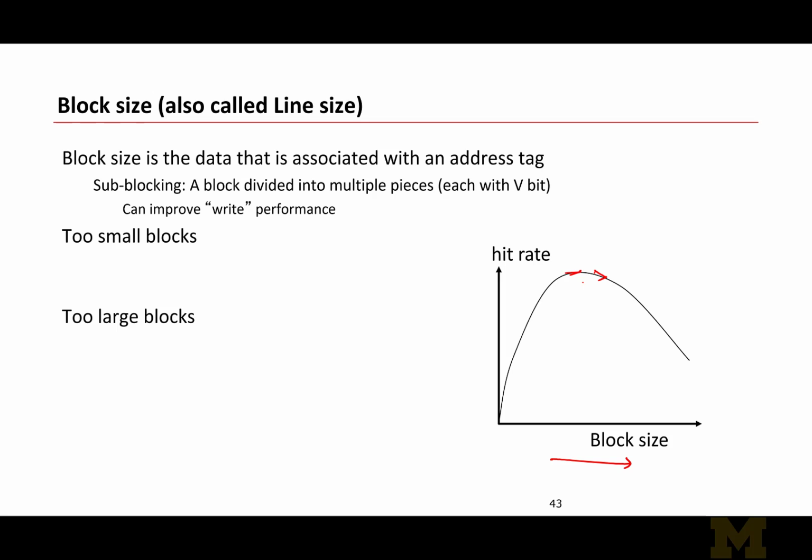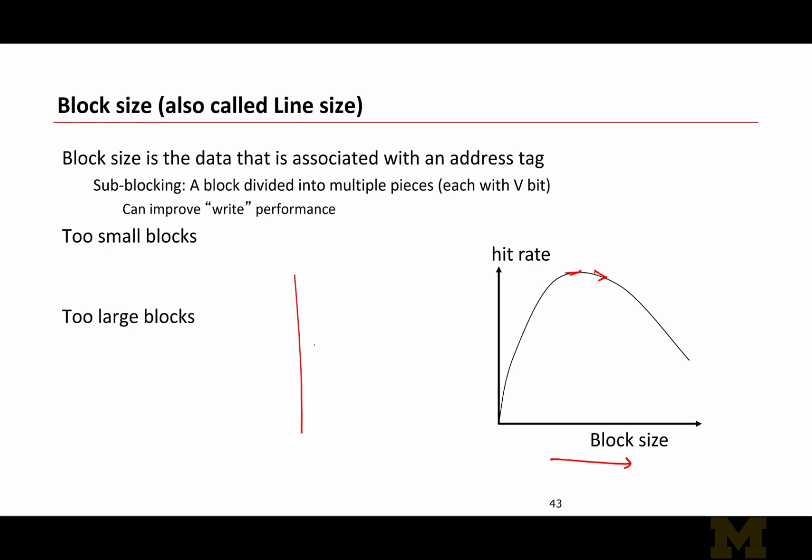Why is that? Well, if I bring a very large cache block into my cache, then I may not utilize all the data before I evict that cache block out.